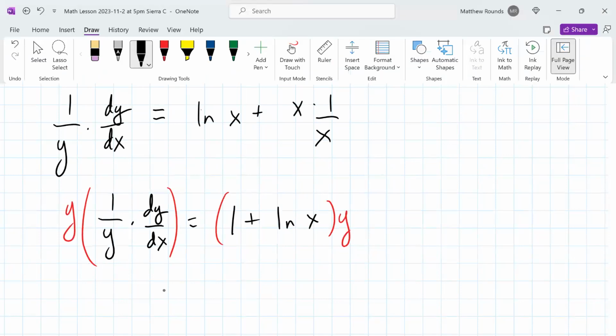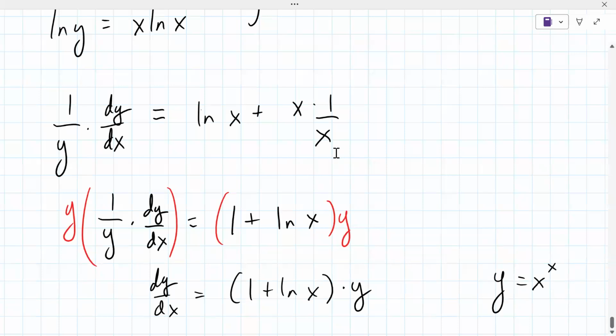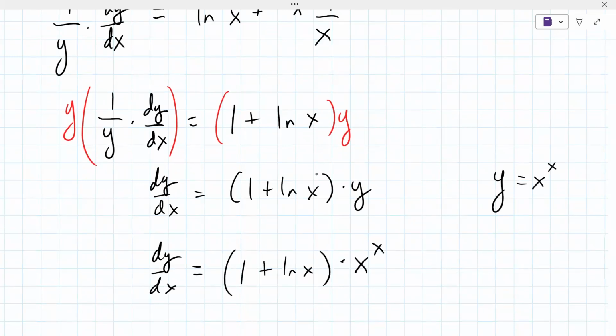So on the left, you get dy dx. On the right, it's 1 plus natural log of x times y. If you recall, y was x to the x. So this becomes dy dx equals 1 plus natural log of x times x to the x. Okay. That makes sense.